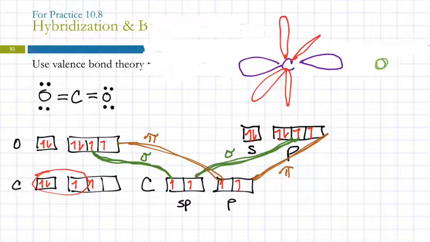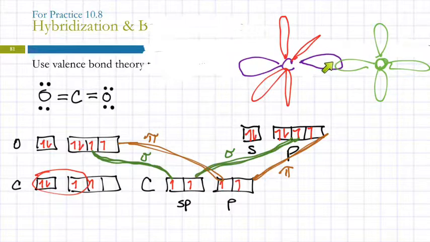So here's oxygen, and it's got unhybridized p orbitals. I'm not going to do its lone pairs. So this is the overlap of a sigma bond between an sp orbital on the carbon and a p orbital on the oxygen. So that's a sigma, carbon sp, oxygen p.